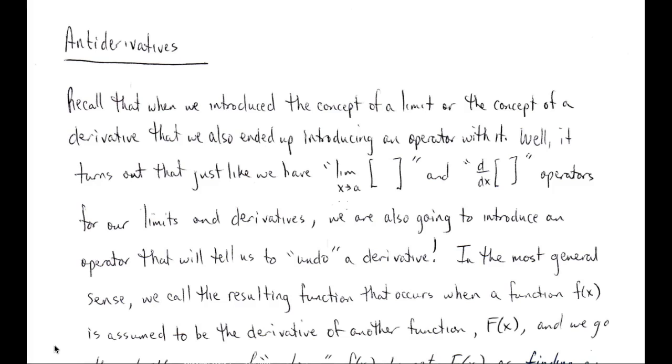Okay. All right, so the verbiage that I have here is talking about basically how we have the limit operator in calculus, or the derivative operator in calculus. Doing an antiderivative is also another operation.